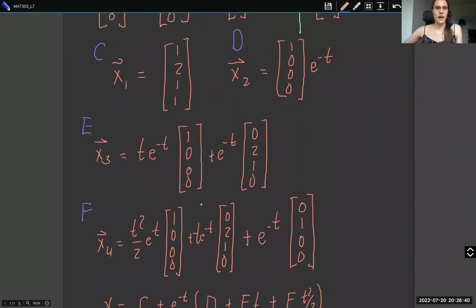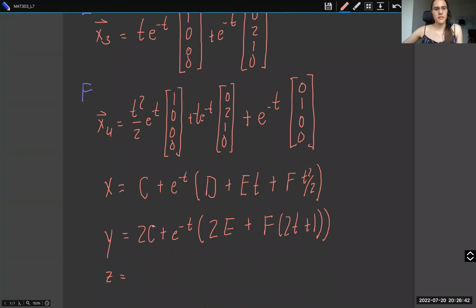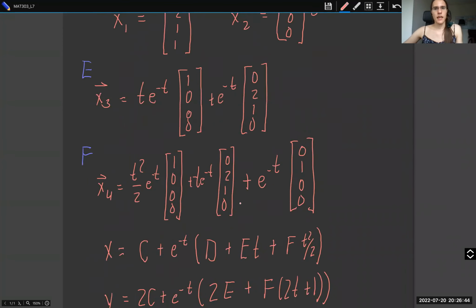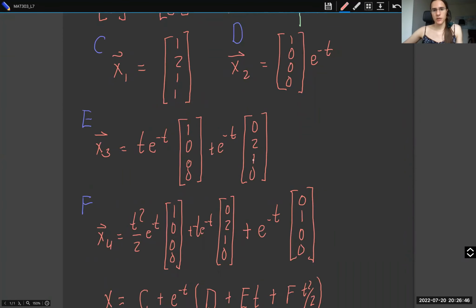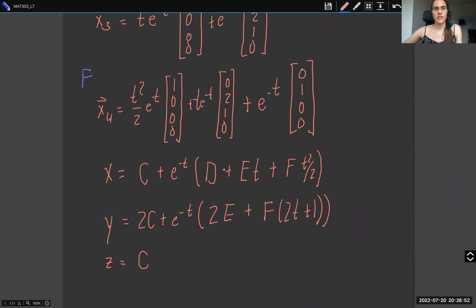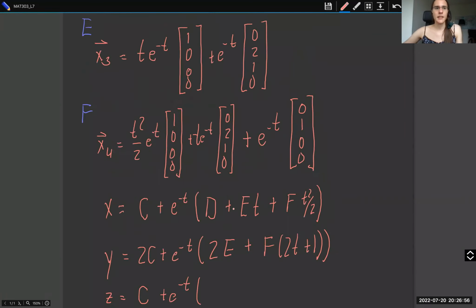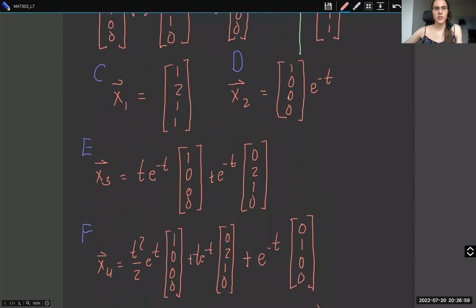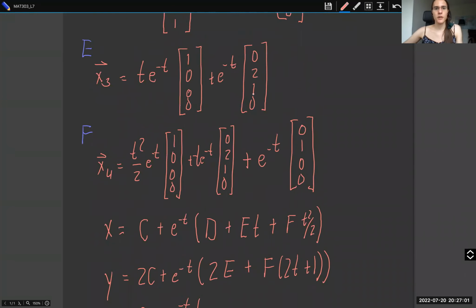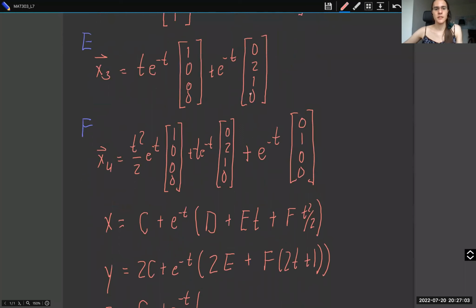Cool. Z. What do we get? We get a 1C. Then this doesn't contribute, this contributes. And then this contributes. So it's going to be plus e to the minus t. Okay, let's see. D doesn't contribute, E contributes 1.